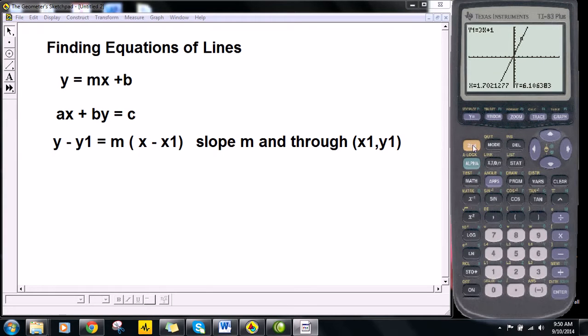We can see that a little bit better in the table. Let's make sure it's set up properly. Let's start at -3. We'll go up by 1s and we'll go to auto. And what you can see in the table for 3x plus 1 equals y is you can again see the slope of 3, right? Plus 3 over 1, plus 3 over 1, plus 3 over 1, plus 3 over 1.